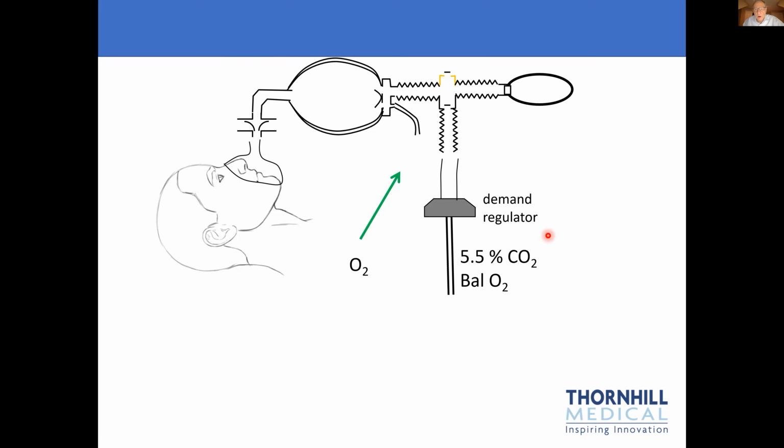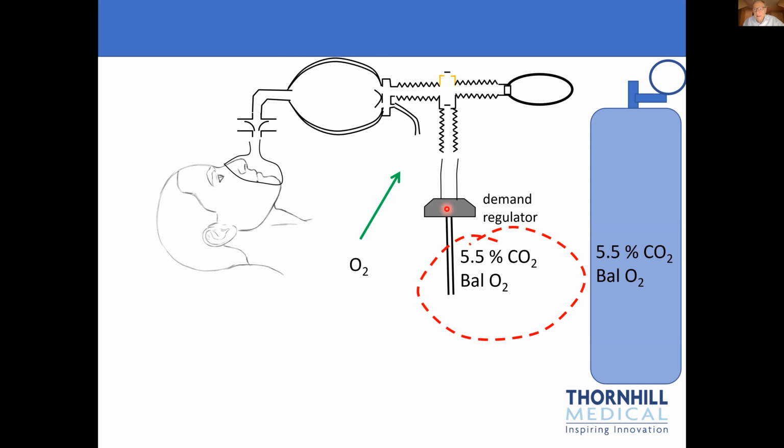So the problem with 5.5% CO2 in a demand regulator is that you need a big tank of 5.5% CO2. That reduces the practicality of this a little bit.